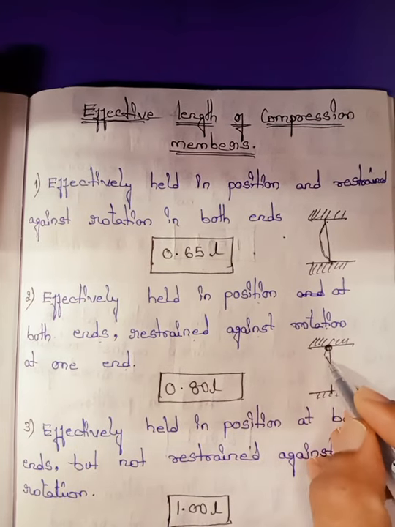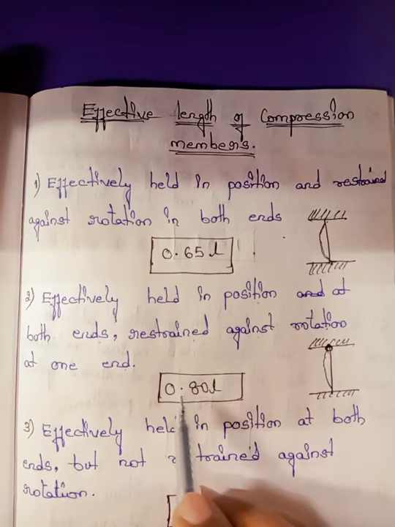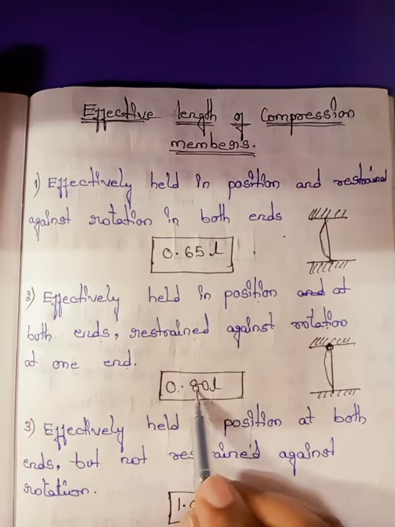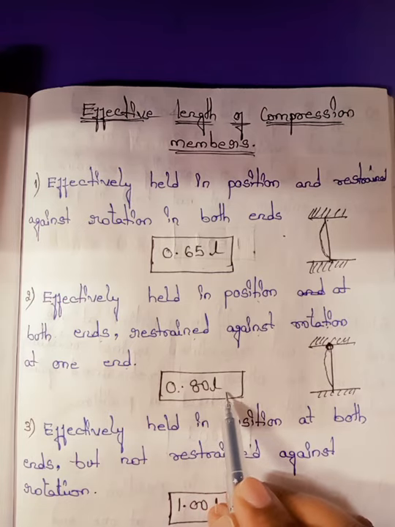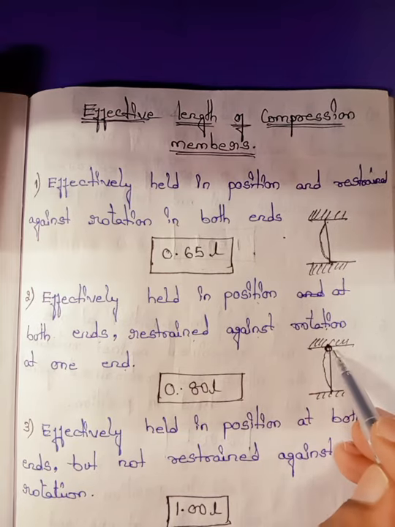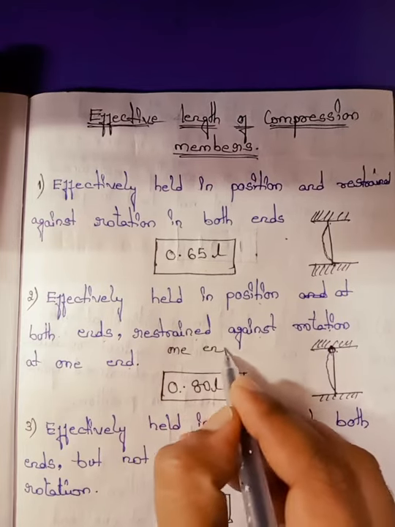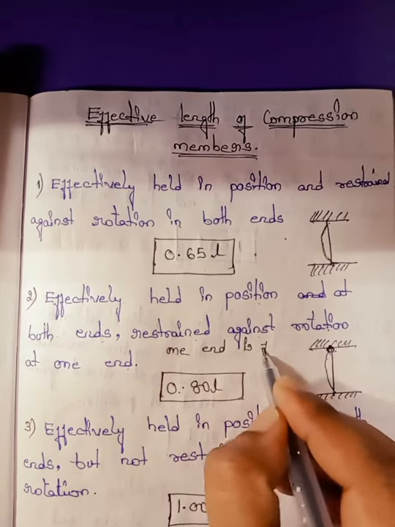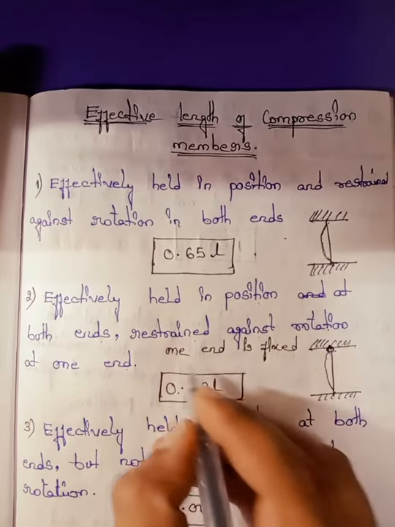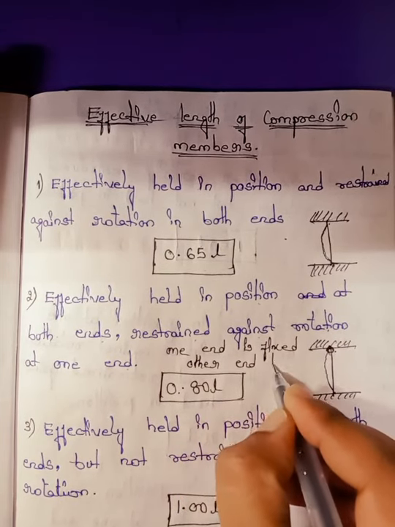Here the effective length is 0.80 L. In another way, you can get this question: one end is fixed and the other end hinged.